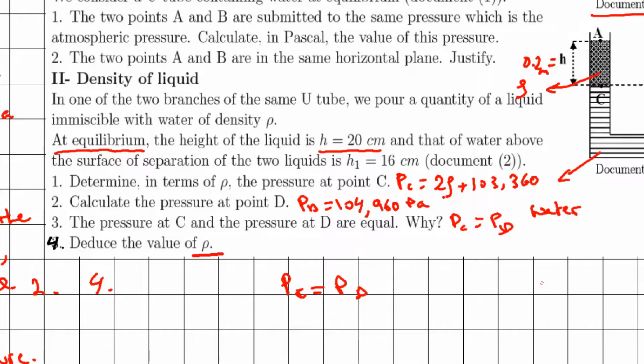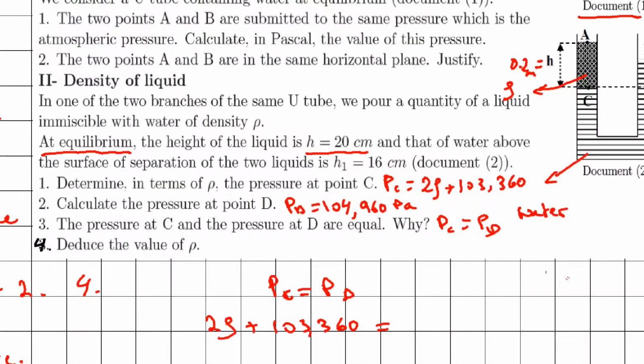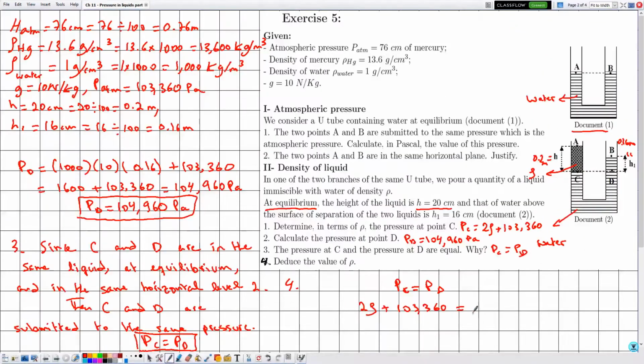So the pressure at the point C is given by 2 rho plus 103,360, and the pressure at the point D is given by the numerical value 104,960. So this is a linear equation with one unknown. The unknown is rho, which we are interested in determining.